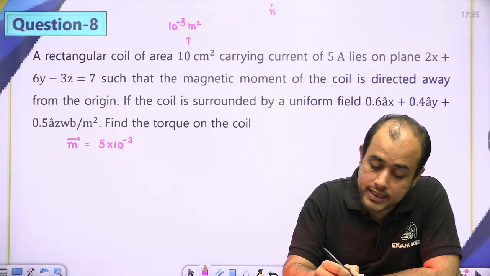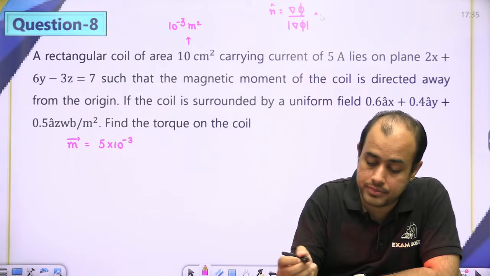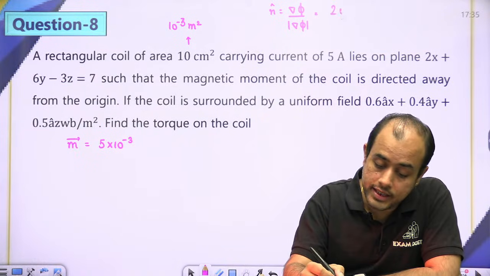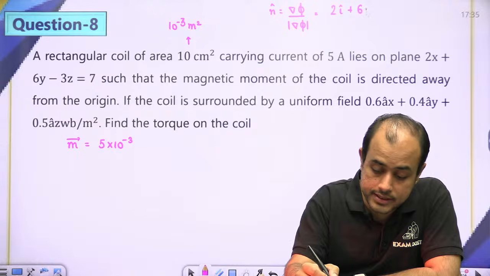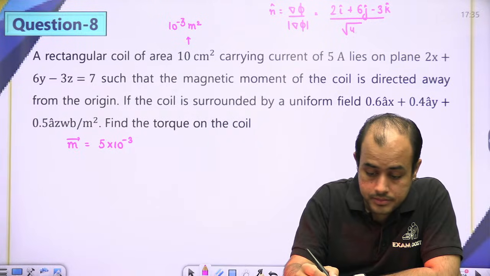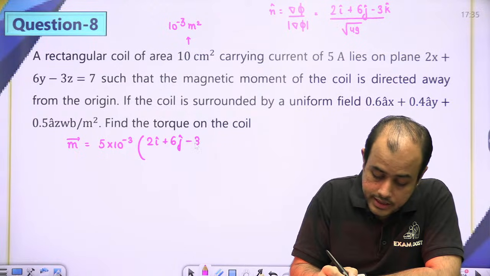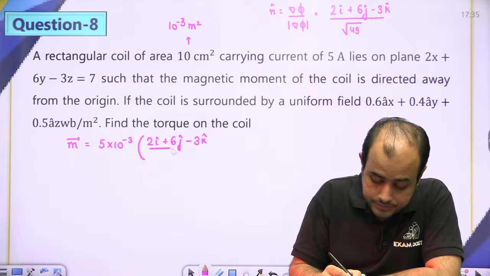Now for finding the normal, I will take gradient upon magnitude of gradient, ठीक है? So when you take the gradient of a surface, this is the value: 2i plus 6j minus 3k by 7.